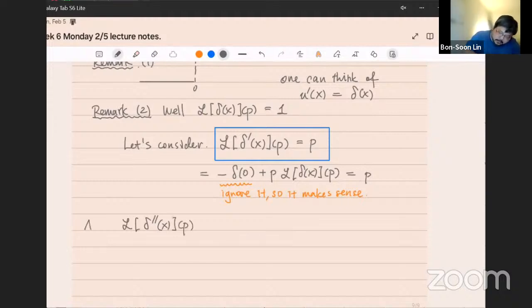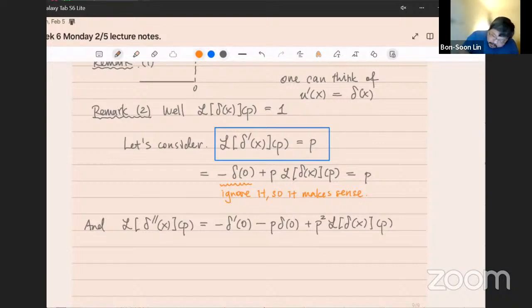Let's use our rule. This is negative delta prime at 0, negative p times delta of 0, plus p squared times the Laplace transform of delta of x at p.